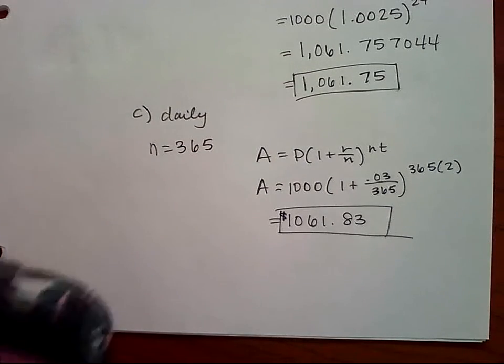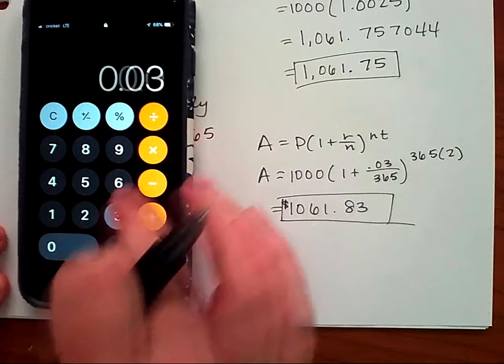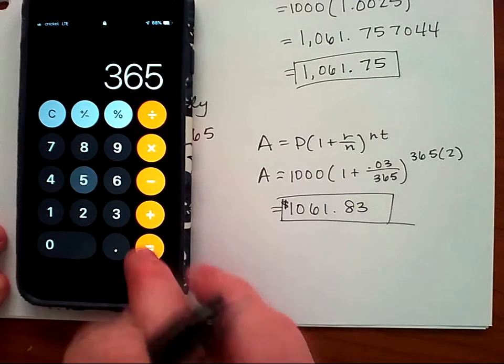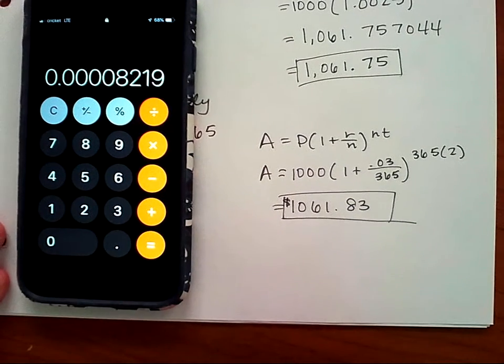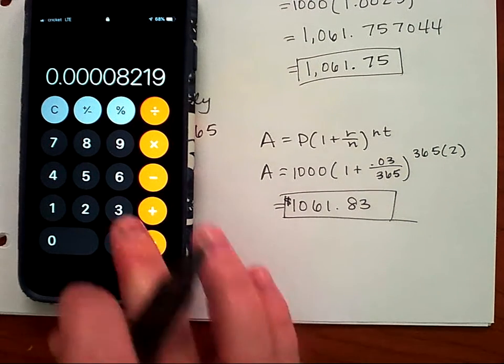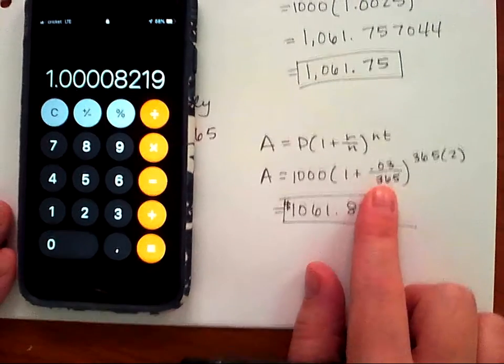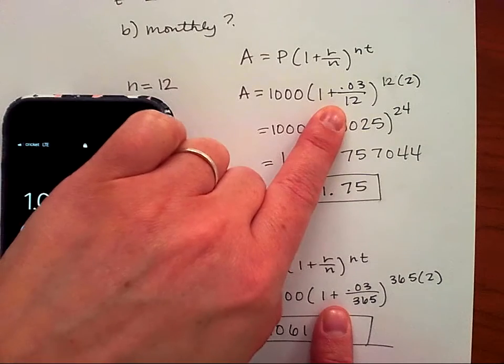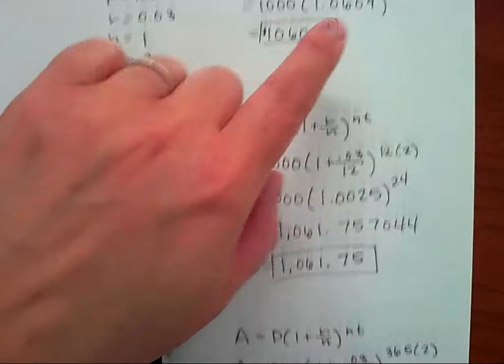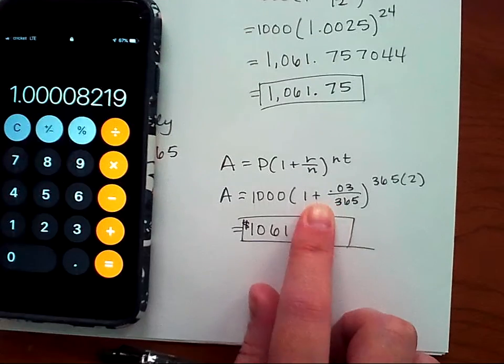Is that right? Then plus 1. Usually here it's 1 point something as a decimal. Here we got 1.3, here we got 1.0025, here we got 1.08.